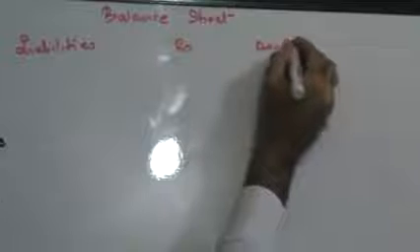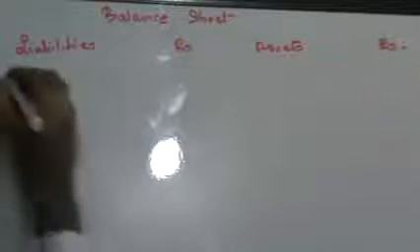Now we need to make the balance sheet in the books of Premier Limited. This should be very simple. Balance sheet. Liabilities, rupees, assets, rupees.